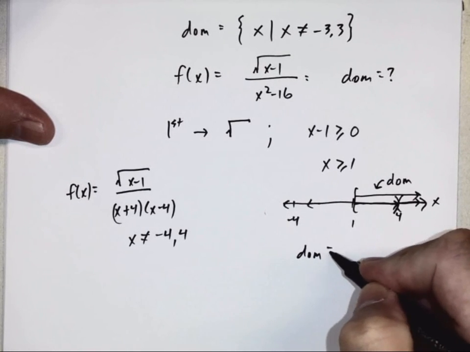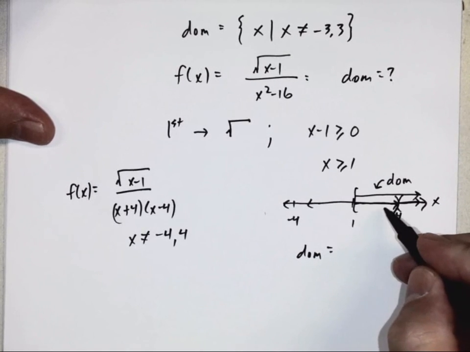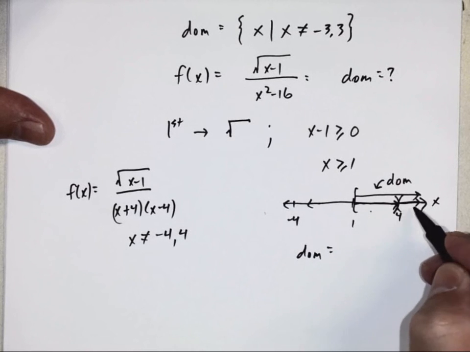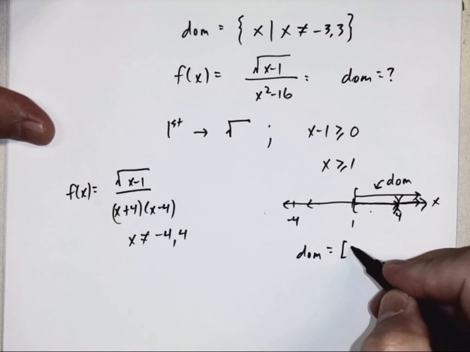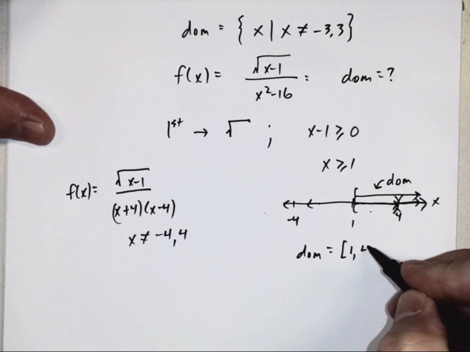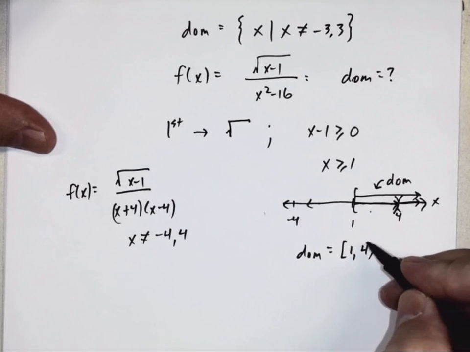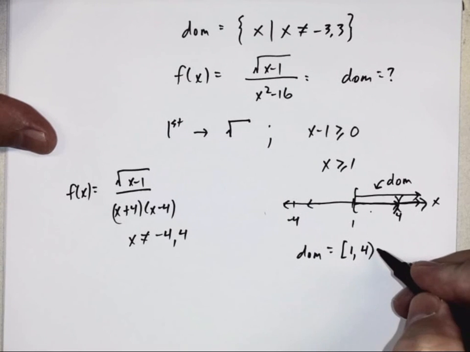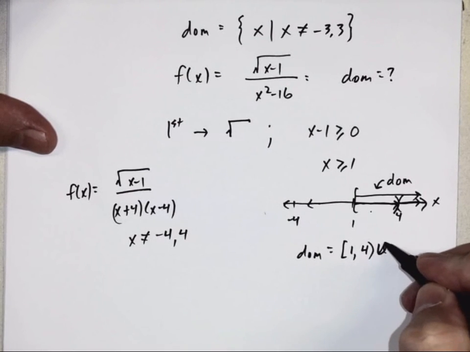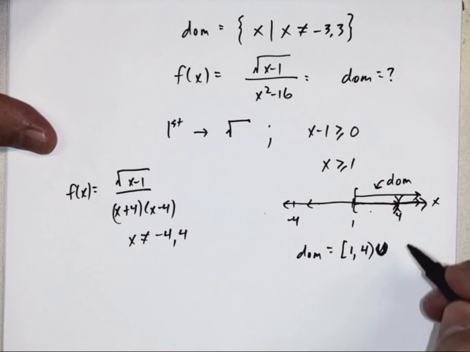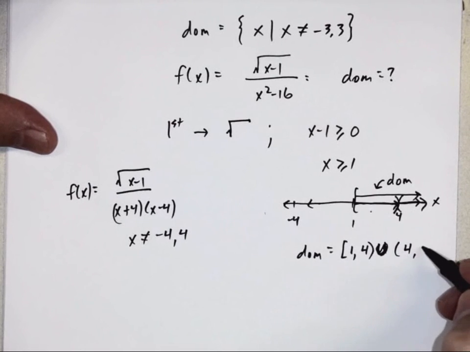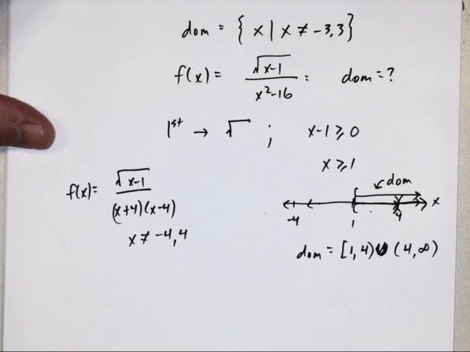So if I write that as an interval, I have to union these two intervals. I start at 1, I go to 4 with a parenthesis, and then I have to skip or jump over 4, whoops, and then I union it, I start again at 4, and go on to infinity.